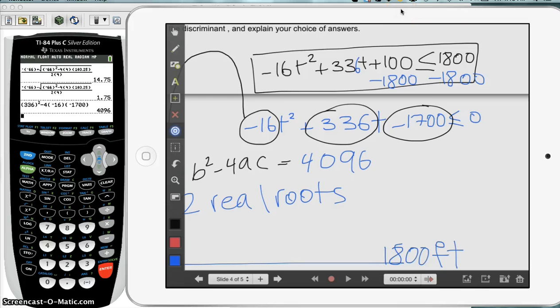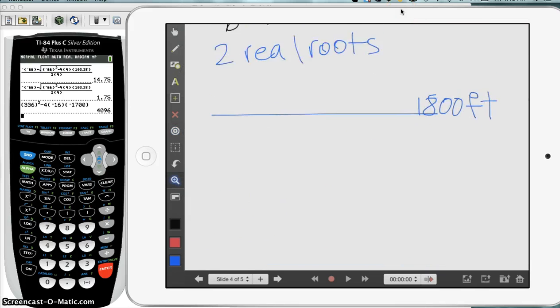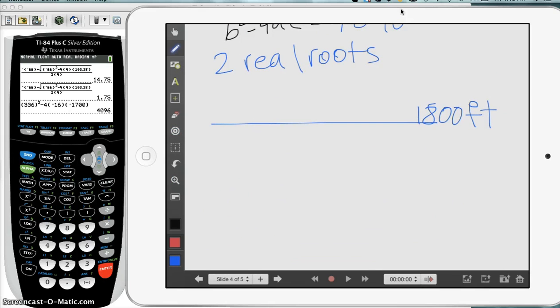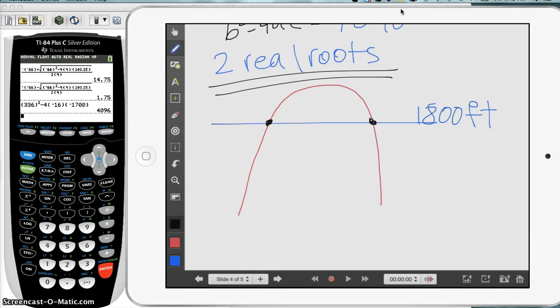Since I'm going to have two real roots, my parabola is going to go above and then below, intersecting the guideline in 2 points, and that's where the two real roots came from. So as you can see, my fireworks are going higher than the guideline. So no, it did not meet the federal requirement.